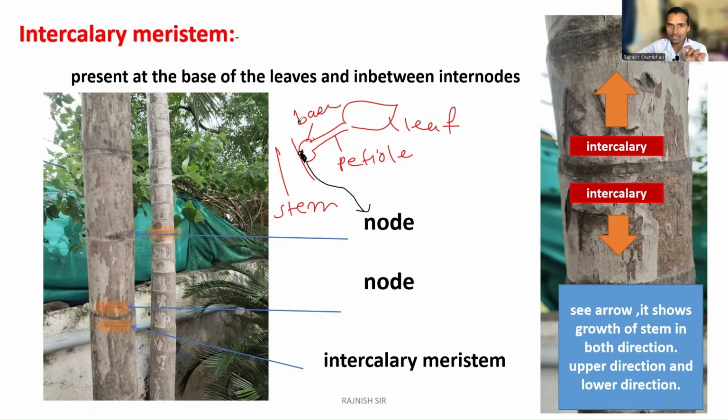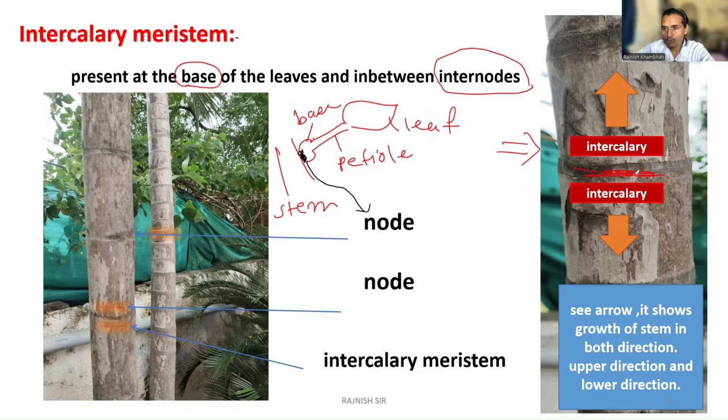Now again read this sentence. It is present at the base of leaf. Where you can see intercalary meristem is at the base of the leaf. Means this is the base, and in between the internodal region. It is its location. Like over here in this diagram, you can see this is node.